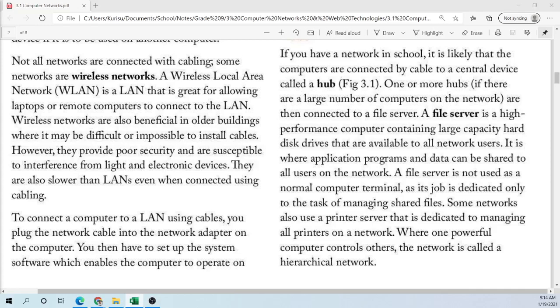So, quick question. Last week, I would have mentioned that today we do not use a hub. Does anybody remember the device I said that replaced the hub? Letitia?